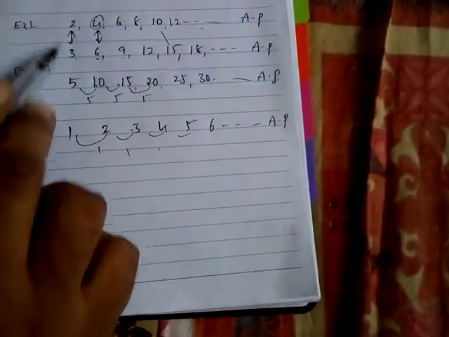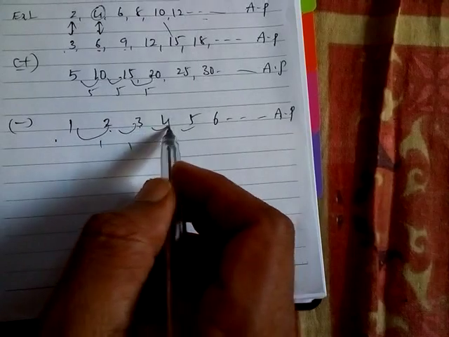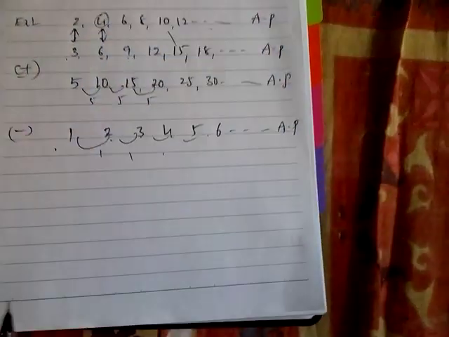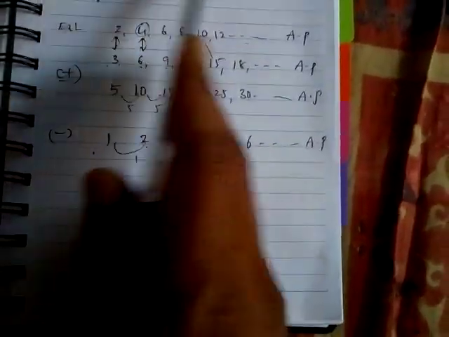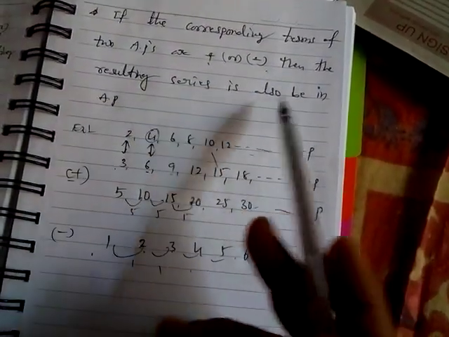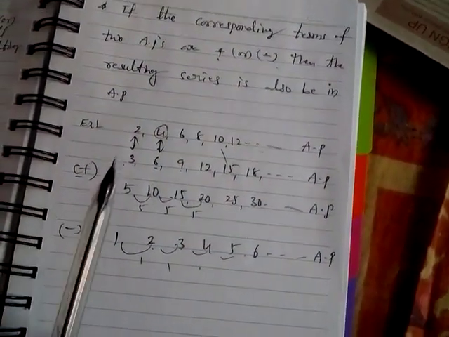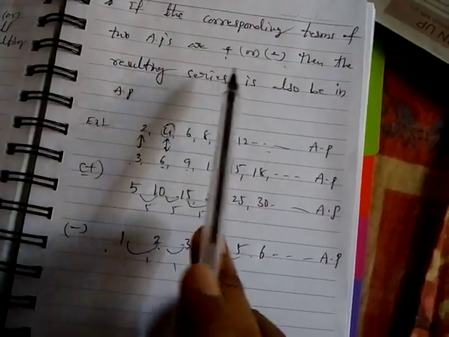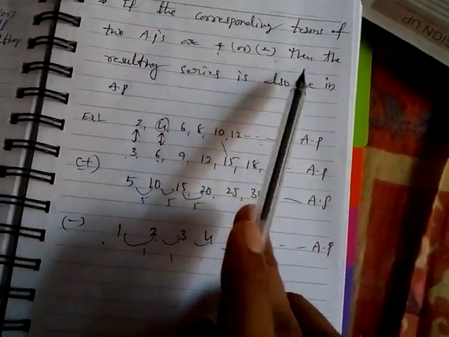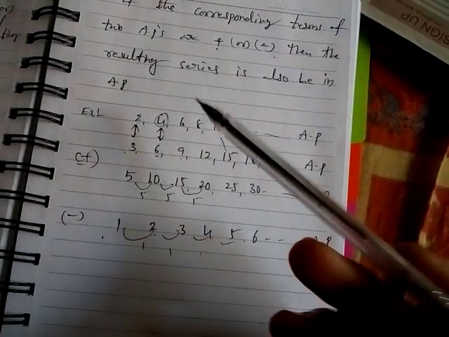Even if you take it as minus 1, minus 2, minus 3, minus 4, minus 5, minus 6, no problem. So if the corresponding terms of two APs are added or subtracted, then the resulting series is also in AP. If the corresponding terms of two APs are multiplied or divided, then the resulting series is not in AP.